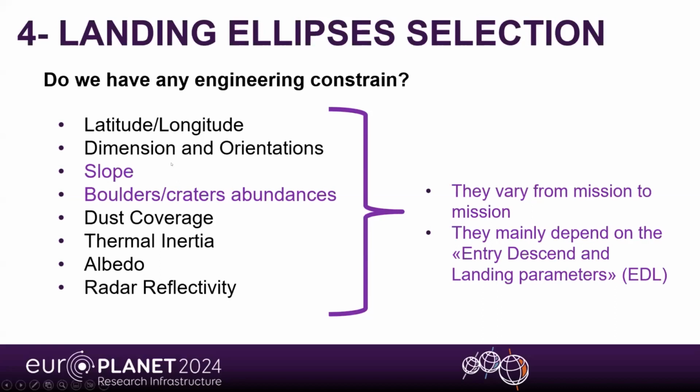So we just focused on slopes and boulder and crater abundances. But mainly you can have latitude, longitude, dimension, orientation, dust coverage, thermal inertia, albedo, and radar reflectivity. You should consider all of these, and they depend mostly on the EDL parameters, so entry, descent, and landing parameters. So they vary from mission to mission.